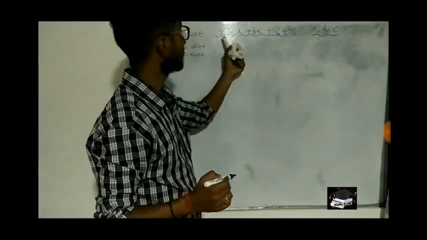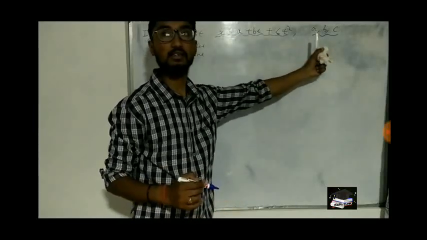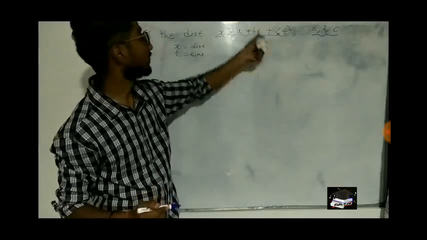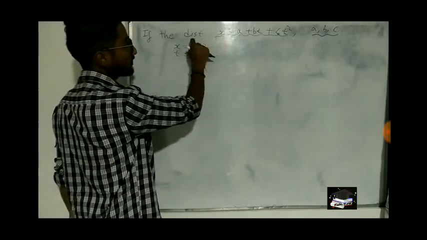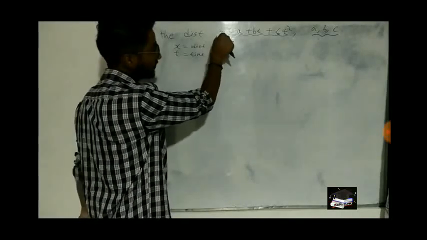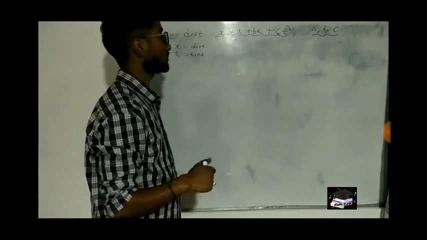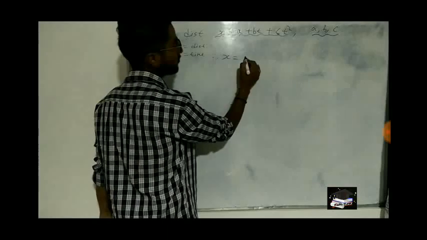Distance x. So the right hand side is also distance, because the principle says the dimension on the left should equal the dimension on the right. So x equals a.